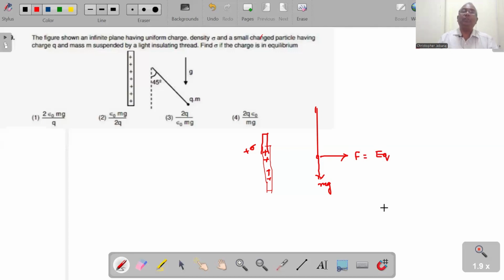After the force, this charge started moving to this side. Okay, it is moving to this side. So this is the force we assume. This is the direction of the force.